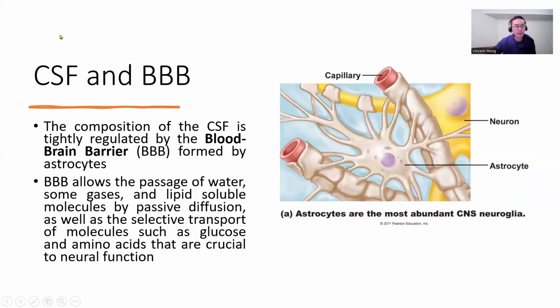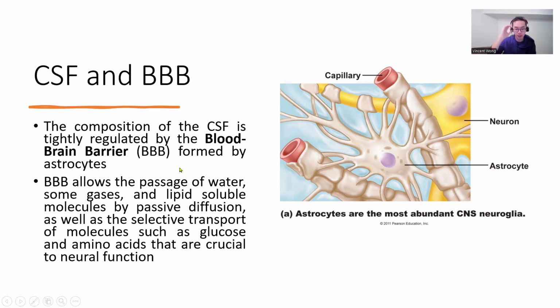All right. Now, the CSF is derived from the blood, but the exact composition and what's allowed to go into the CSF is tightly regulated by the blood-brain barrier, or the BBB. I mentioned the BBB last lecture, right?